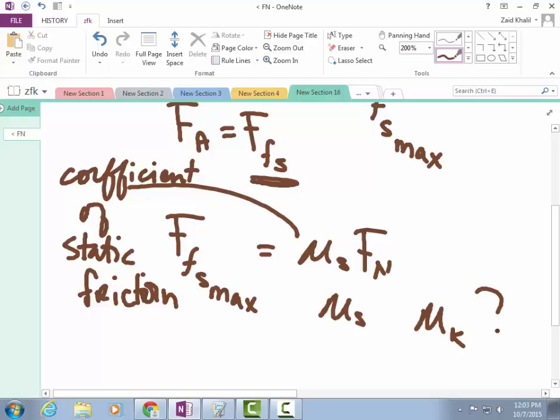I pull it, but, look at that force meter, at a weaker constant force, right? So I decrease the applied force. Well, the only opposing force is the force of friction. So what that tells you then is that the force of kinetic friction is less than the maximum force of static friction. Well, since both of them are proportional to F_n, that tells you that the coefficient of static friction is greater than or equal to the coefficient of kinetic friction.